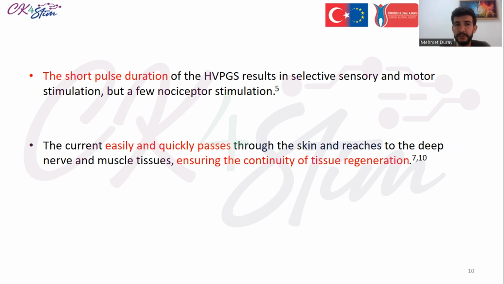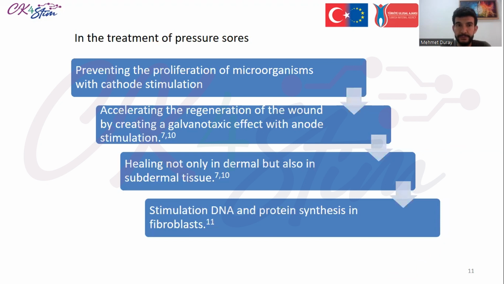We said that the current passes easily and quickly through the skin, and it reaches deep nerve and muscle tissues, ensuring the continuity of tissue regeneration. In the treatment of pressure sores, the current prevents the proliferation of microorganisms with cathode stimulation, and it accelerates the regeneration of the wound by creating a galvanotaxic effect with anode stimulation.